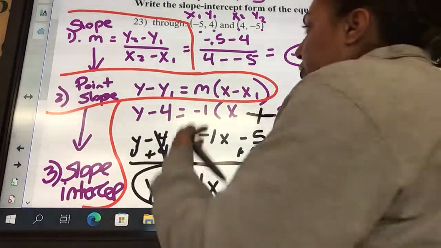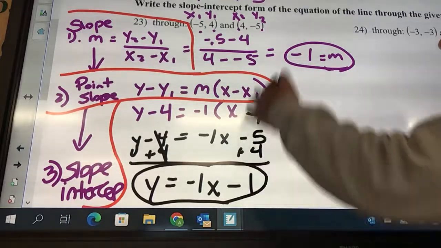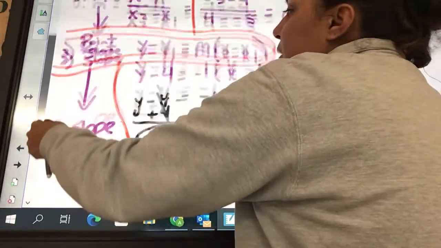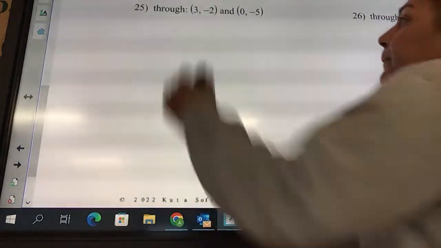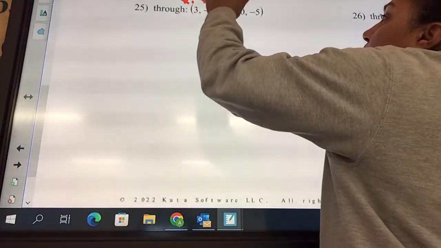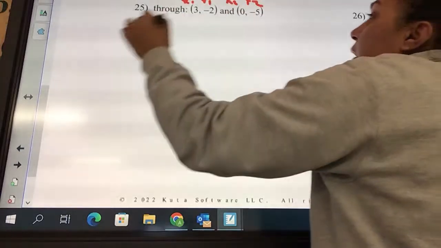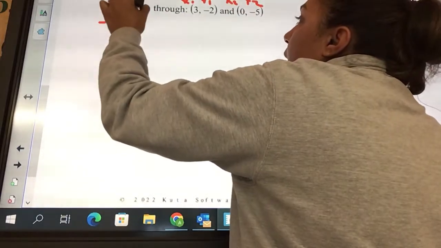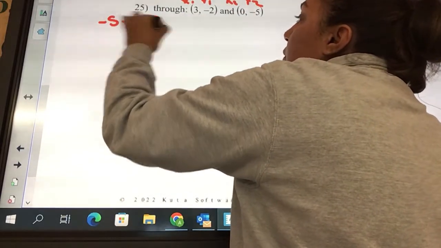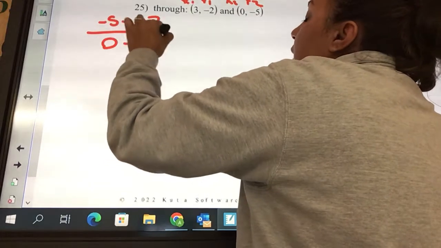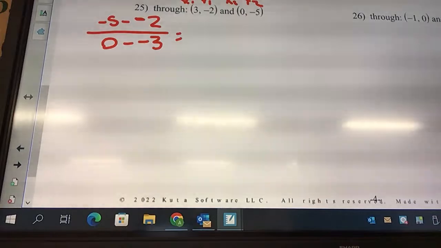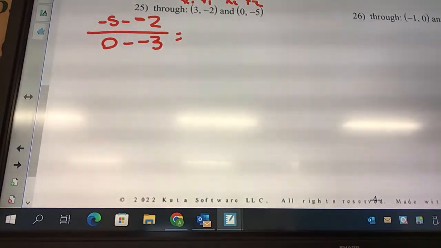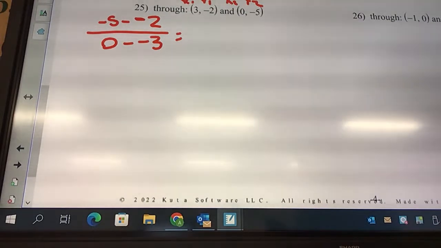Okay? And I want to show you because a lot of these, it's not this crazy much work. This one I did piece by piece, super slow. Okay, so this one I got, and I'm still going to label. Okay, so it's going to be -5 minus -2 over 0 minus -3. That's going to be -3 over 3 should be -1.